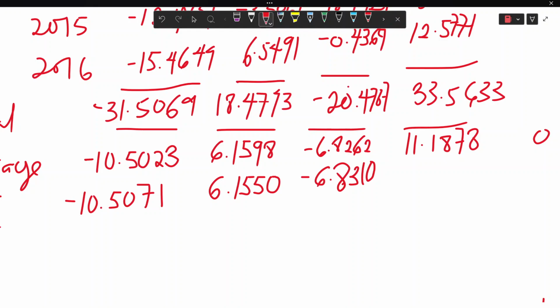Then lastly, 11.1878 minus 0.004775, giving us 11.1830. Okay, this is what we are going to use for adjusting.